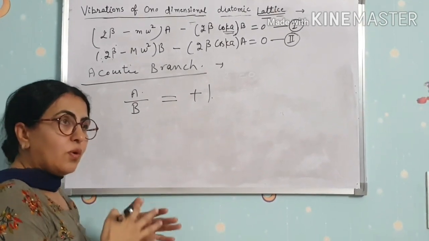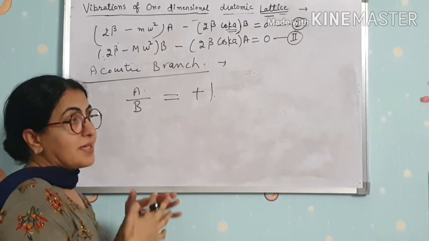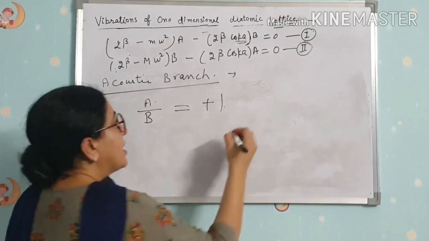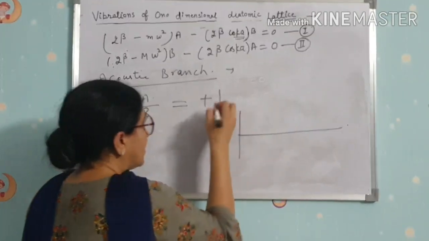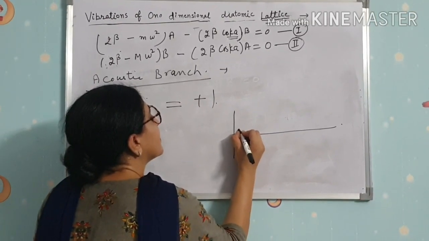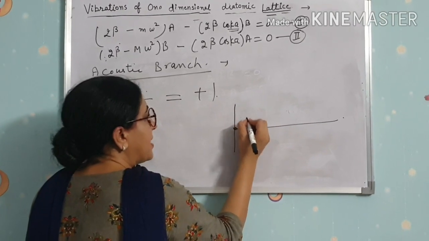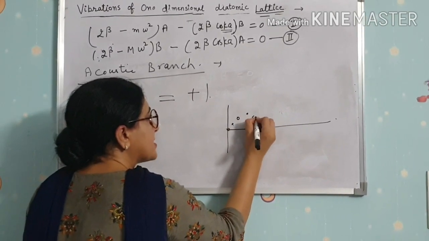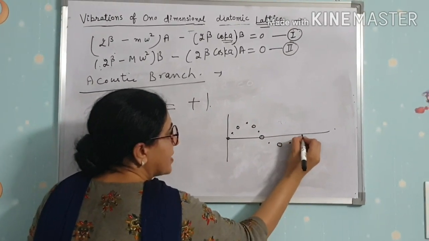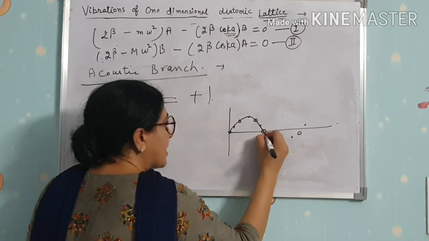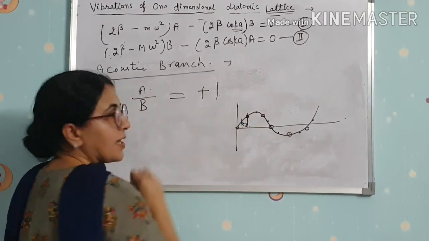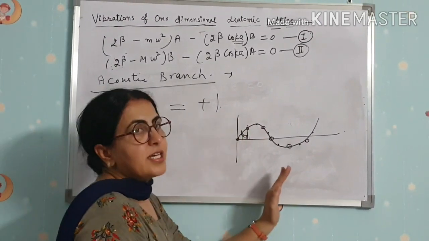The two atoms having different masses move in the same direction, like this for the acoustic branch, as the atoms in a monatomic lattice move. This is a heavier atom, this is a lighter atom, heavier, lighter, heavier, lighter. The distance between them is a. So they move in the same direction.